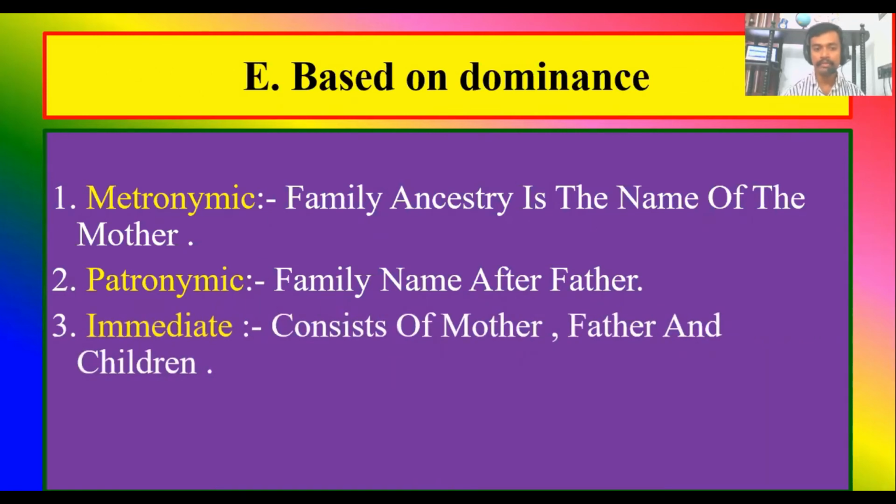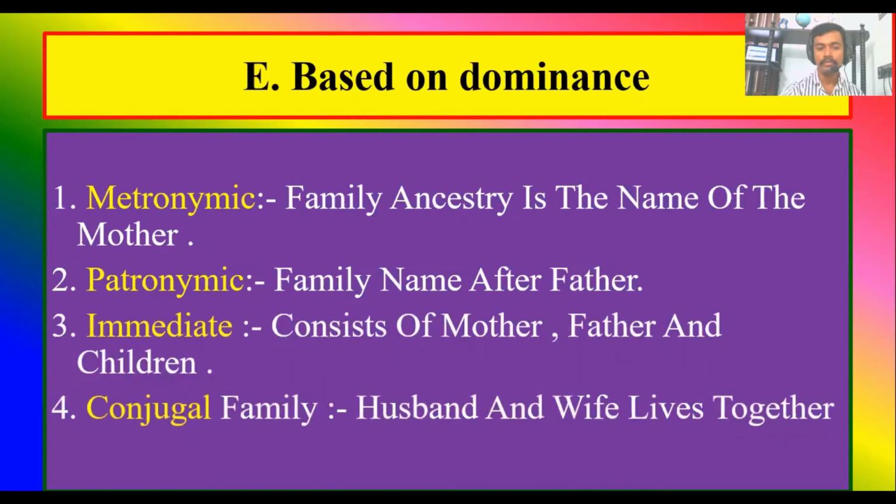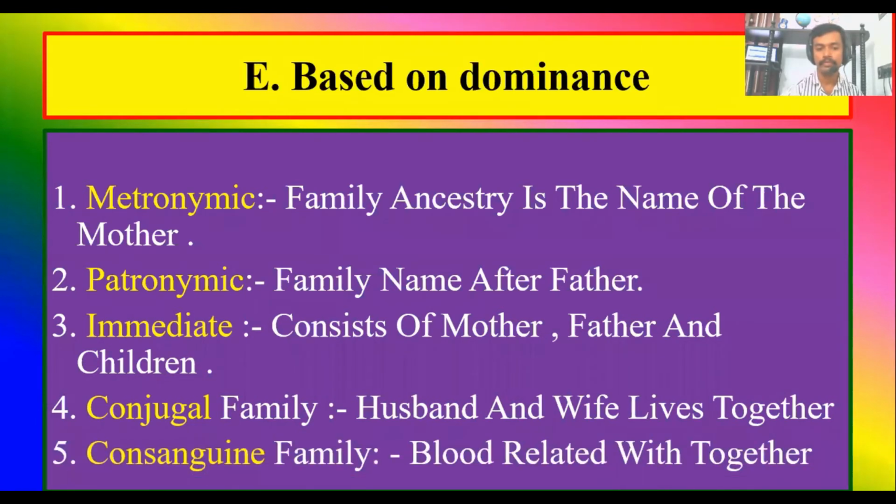Then immediate family consists of mother, father and children, which means equality in the family. Then conjugal family: husband and wife live together. Consanguineous family: blood related, which means brothers and sisters living together in a particular house.